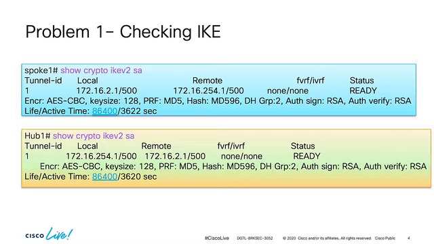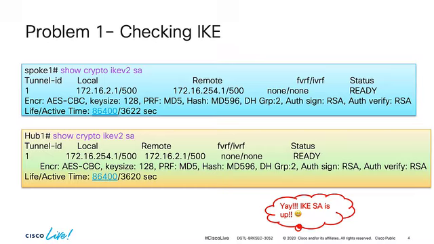In these outputs, you would be using the show crypto ikev2 sa command. What you need to make sure that you look at in these outputs is that the local and the remote peers correspond to the hub and the spoke. This is very important.